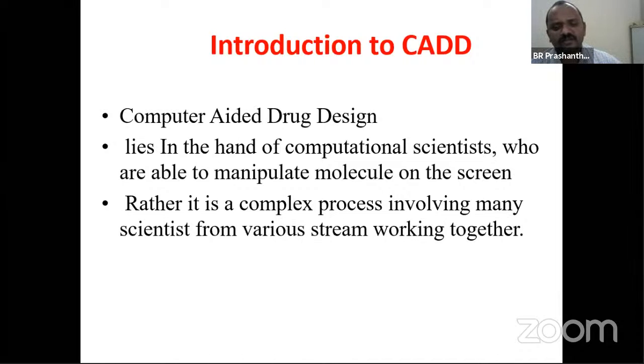Now you all know that some computational softwares are available. For example, Schrodinger is there. For example, Discovery Studio is there. For example, MOE is there. For example, StarDrop is there. For example, Sybyl is there. So many software packages are there in the market now.